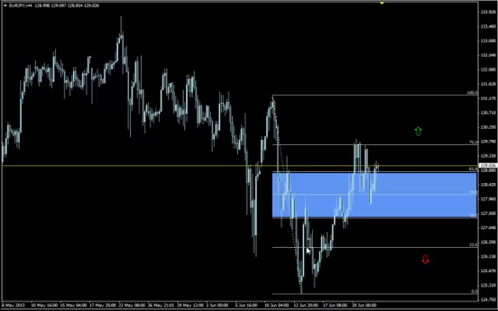The second condition, which has to be met, is that price must reverse from this wave and enter this zone, trigger this zone. The zone is between the 61.8 Fibonacci level and the 38.2 Fibonacci level, and the zone between these two levels is our trigger zone.